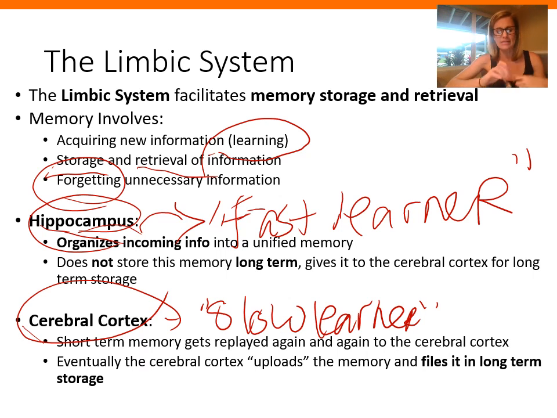And the cerebral cortex is able to pick up bits and pieces of this, and then eventually it has it nice and organized into a good memory. But that takes time. So typically we think that this happens while we're sleeping, that this stuff gets passed on from the hippocampus to the larger cerebral cortex. You can think of it as the cerebral cortex uploading the memory and storing it in long-term storage. And then we can access it later whenever we want to think back.